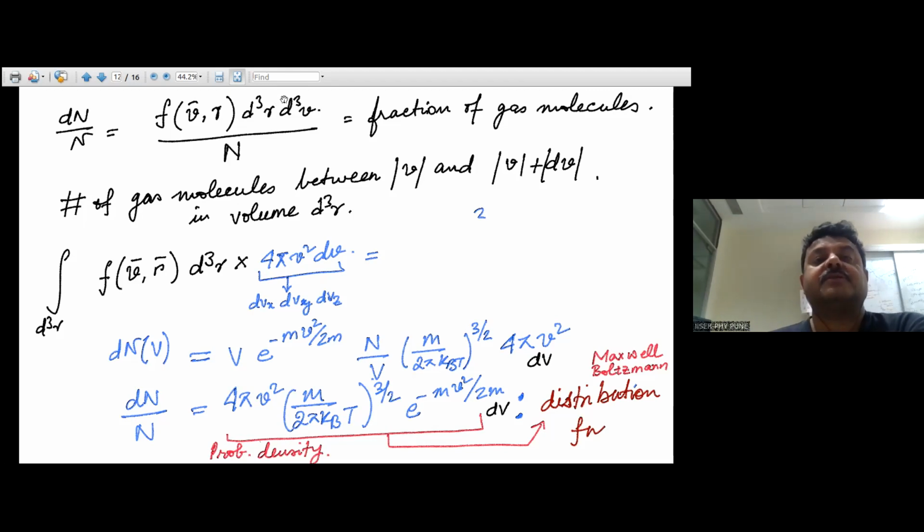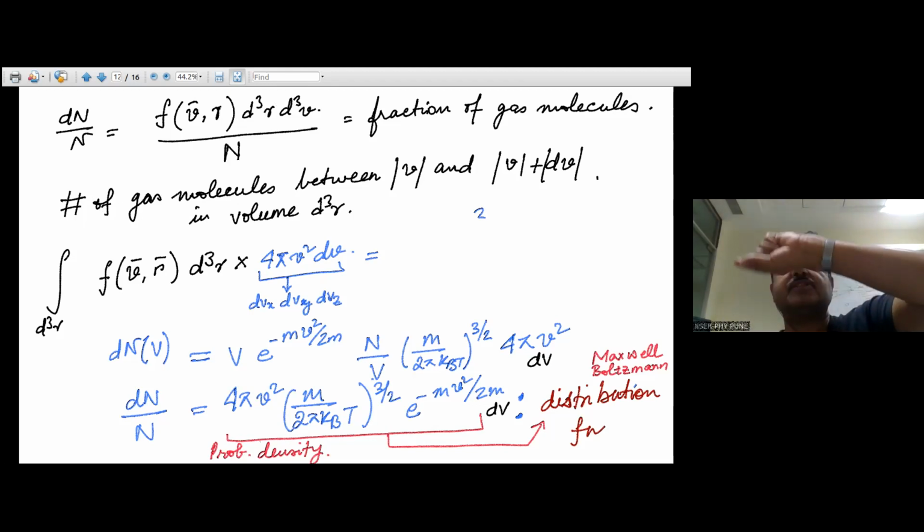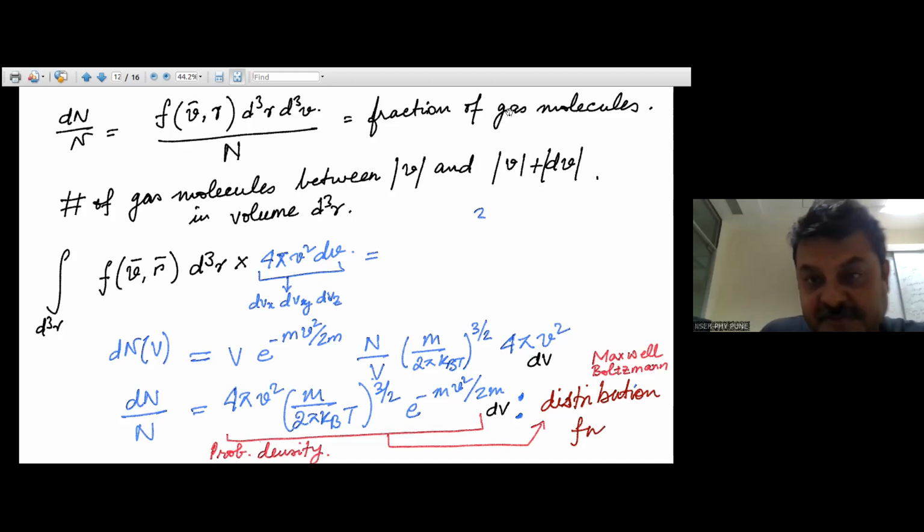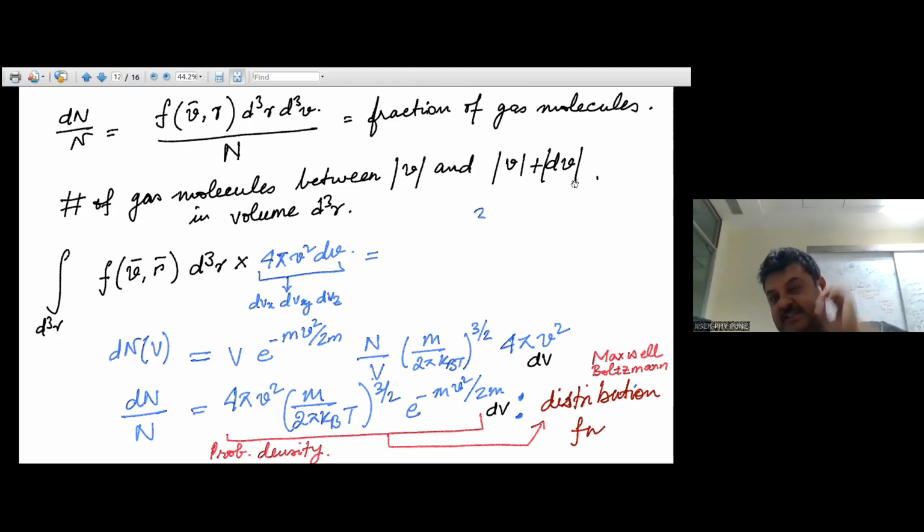Okay. So now we are asking a different question. Now suppose we are not interested in v vector, but just the speed. So as long as the speed was within a certain range between v naught, we are interested in the absolute value, and v plus dv, right? So all of these are scalar quantities.